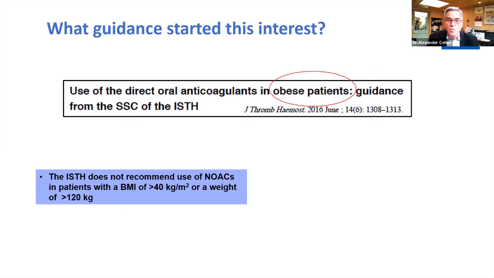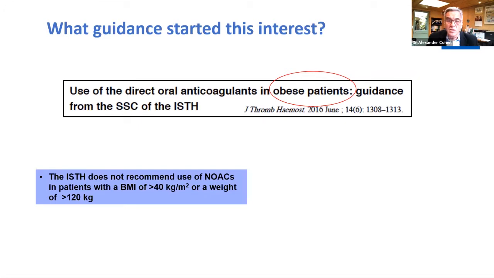Well, the guidance that started this interest came out in 2016, and it was a paper that was entitled The Use of Direct Oral Anticoagulants in Obese Patients, and I'll point out that it said obese patients.